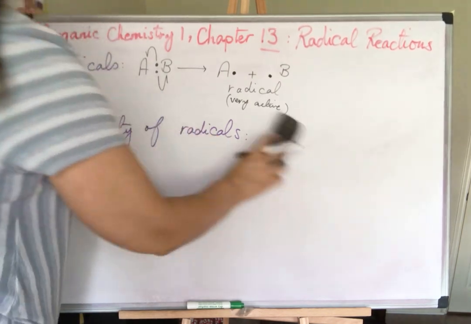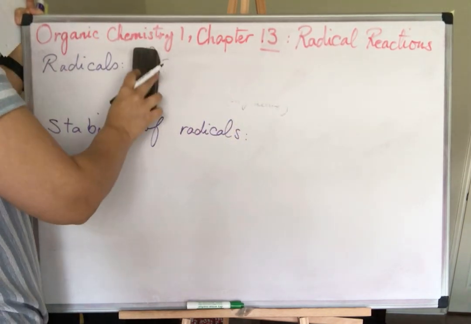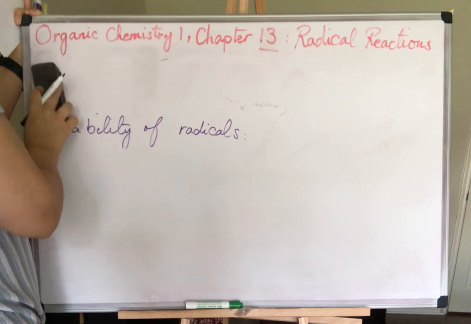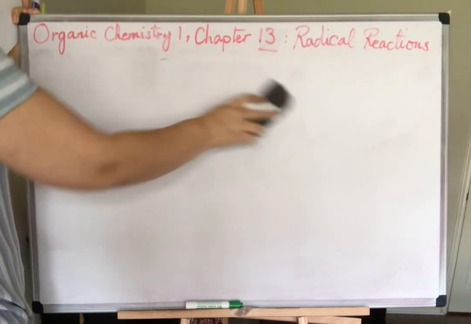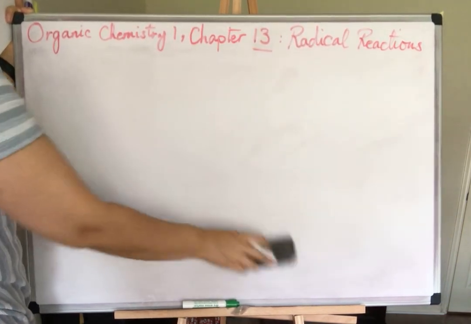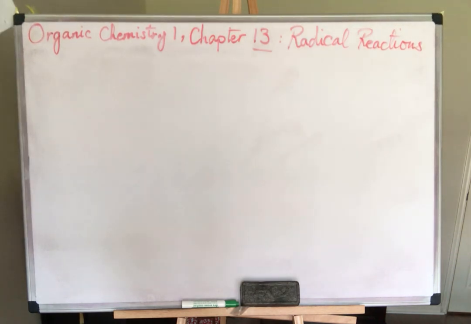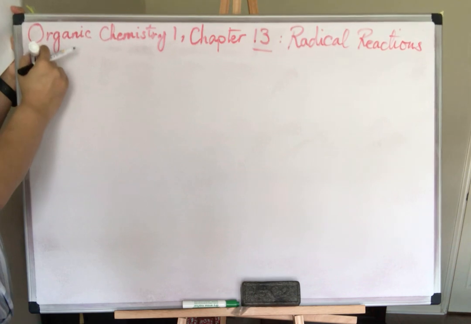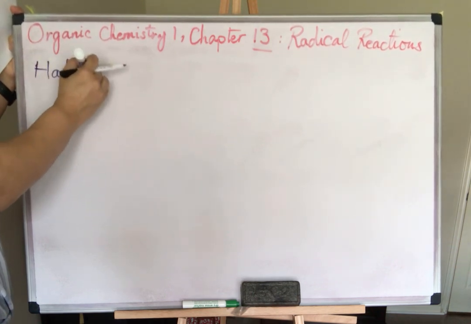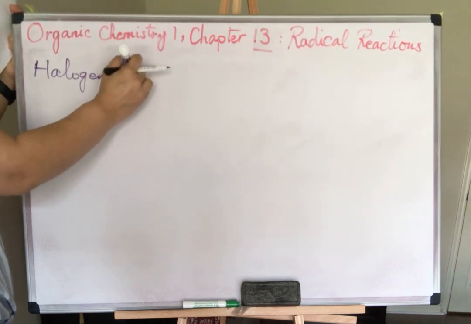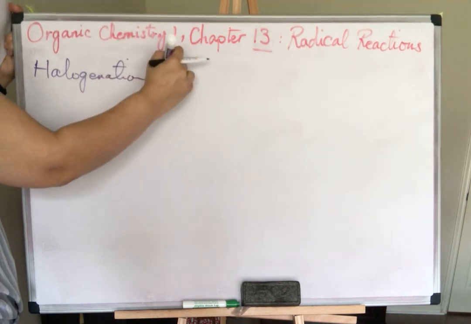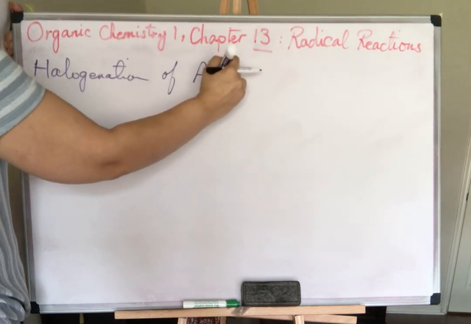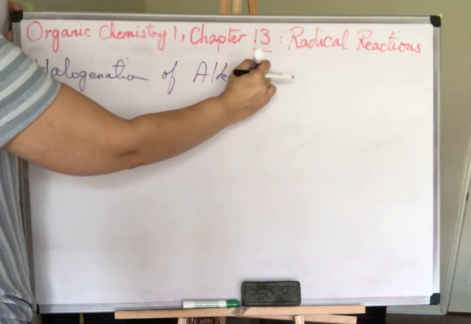So what we learn first is halogenation of alkanes. So far, we did not talk about any reactions of alkanes except their combustion. But one very rare reaction for alkanes is to force them to exchange one of their hydrogens with a halogen.